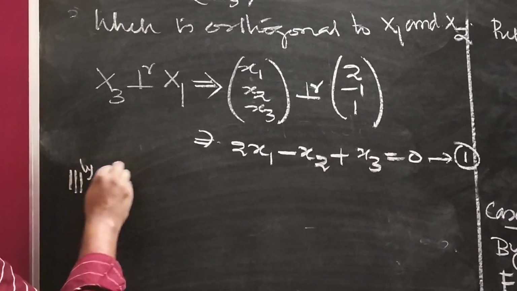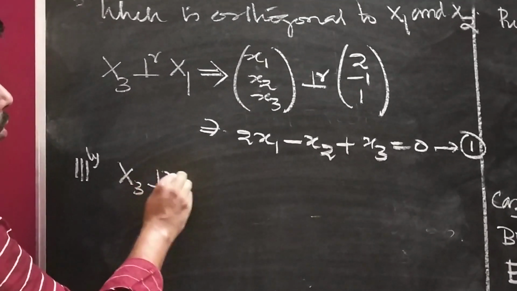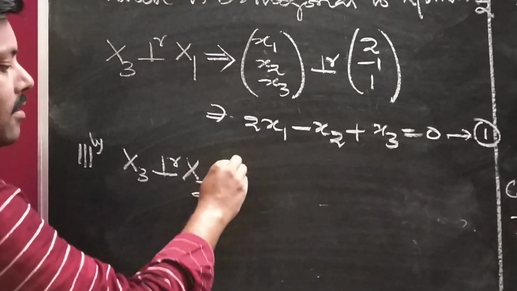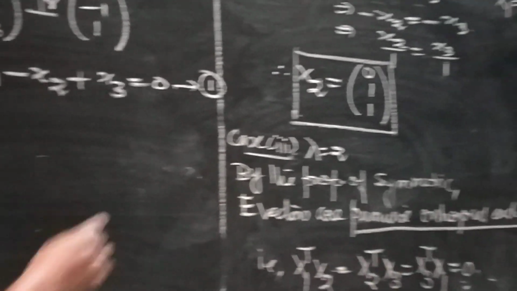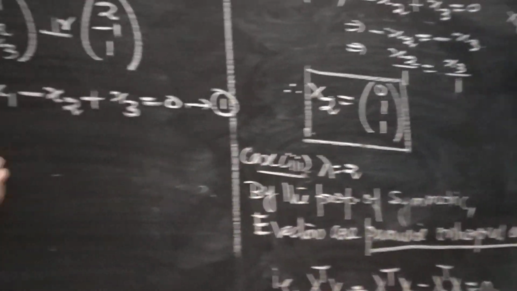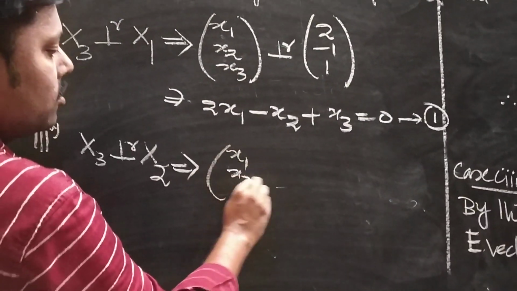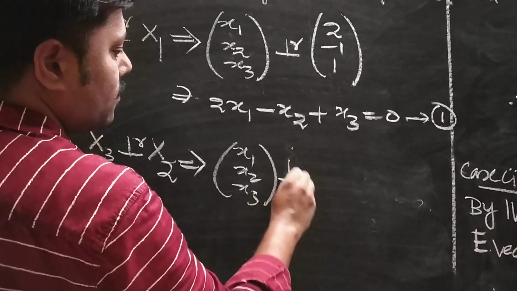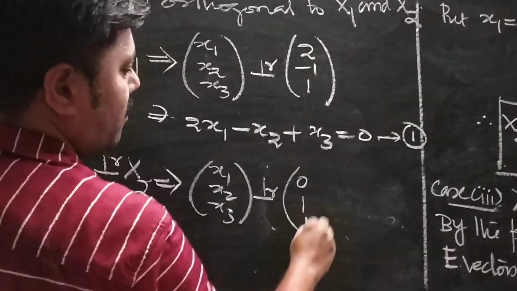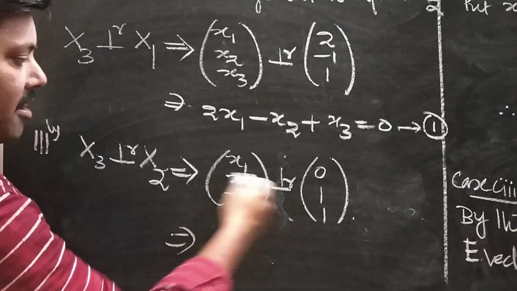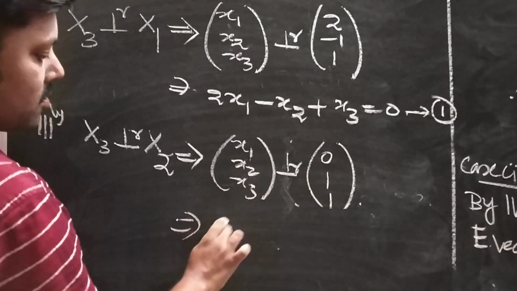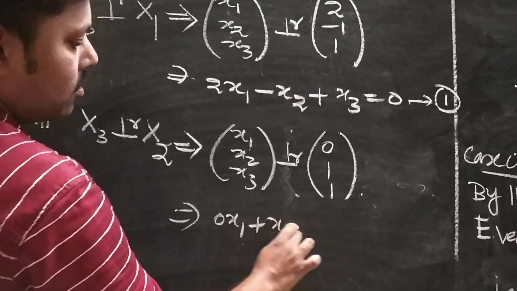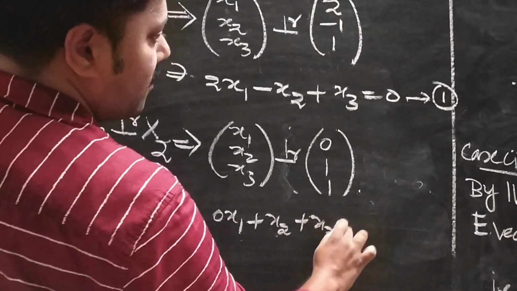Similarly, x3 is perpendicular to x2 implies, what is second eigenvector? 0, 1, 1, right? So x1, x2, x3 is perpendicular to 0, 1, 1. So just multiply A dot B equal to 0. So 0x1 plus x2 plus x3 equal to 0.